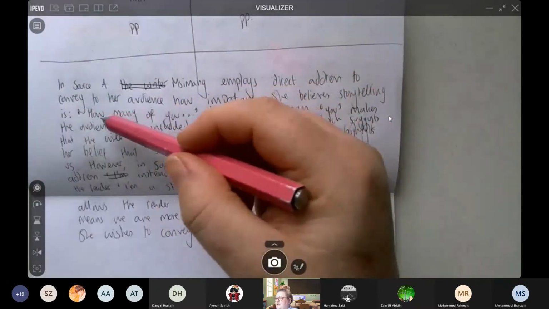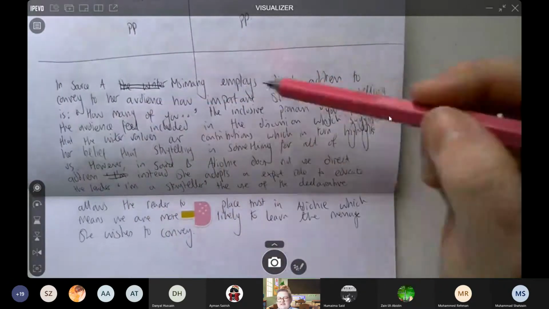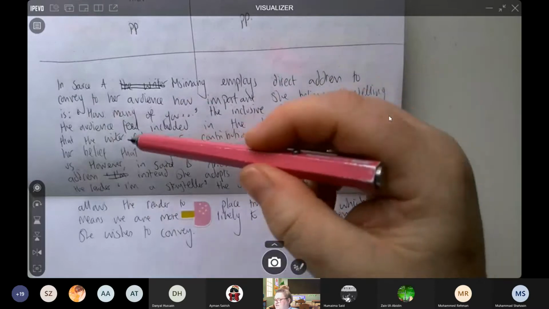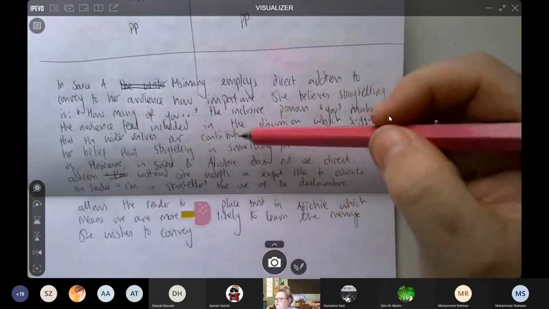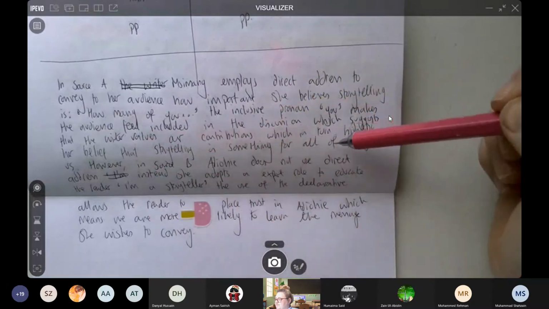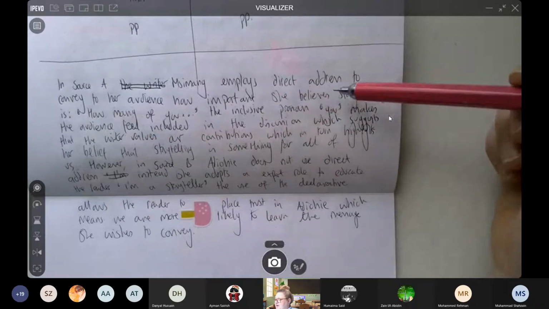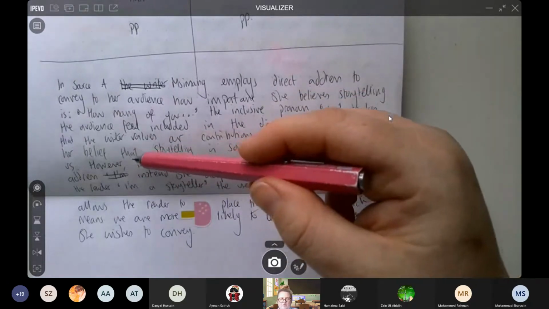That's our what. How many of you? That's our how. The inclusive pronoun use, that's the zooming in of the why, makes the audience feel included in the discussion, which suggests the writer values our contributions, which in turn highlights the belief that storytelling is something for all of us. So here, I've said that it's important, and now I'm explaining why.